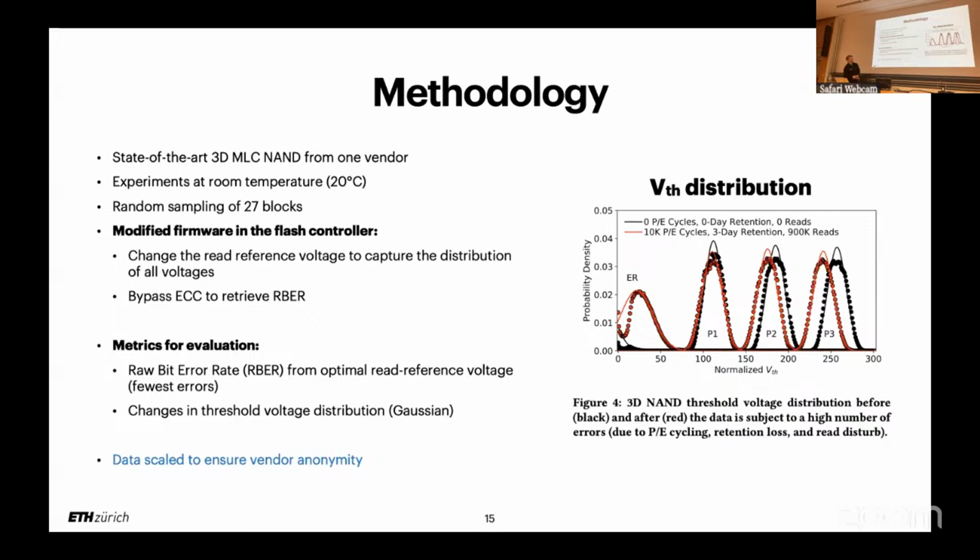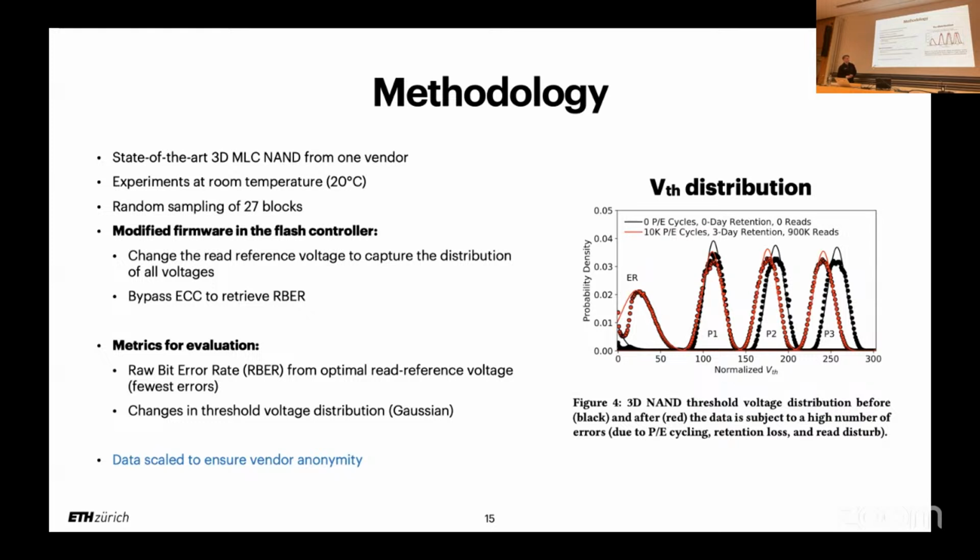So these are the real distributions. In black would be the distribution right after programming for each state. And then in red is after a little bit of retention time, so 3-day retention time, 10,000 program erase cycles just to wear out the cell. So again, wear-out was there to simulate use. And then 900,000 reads.